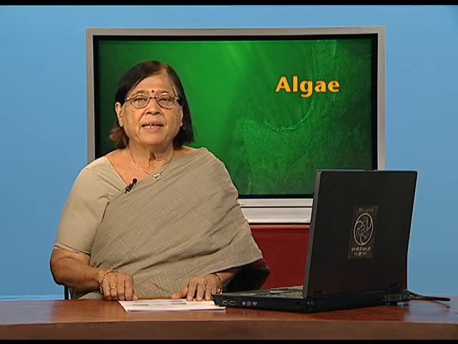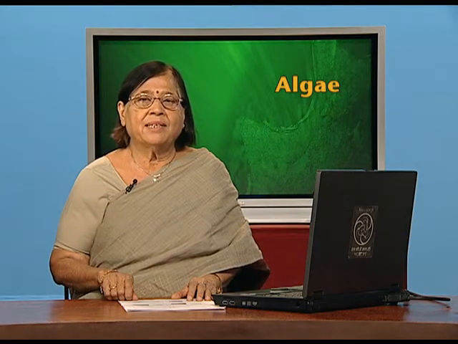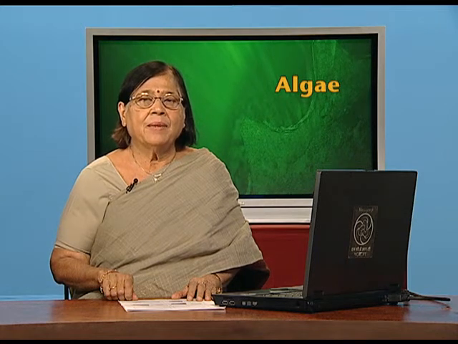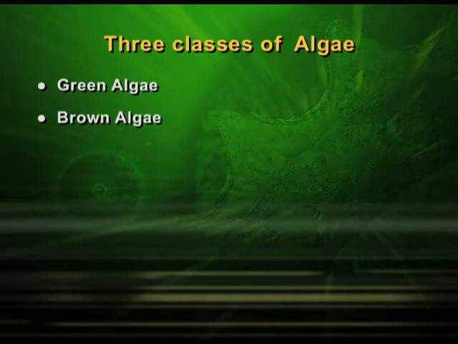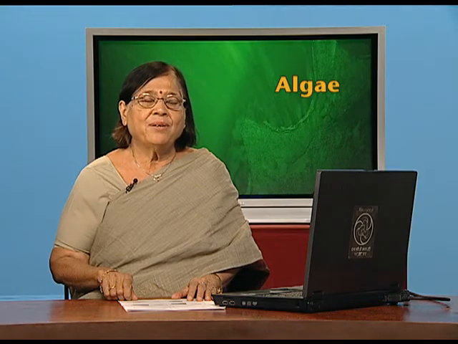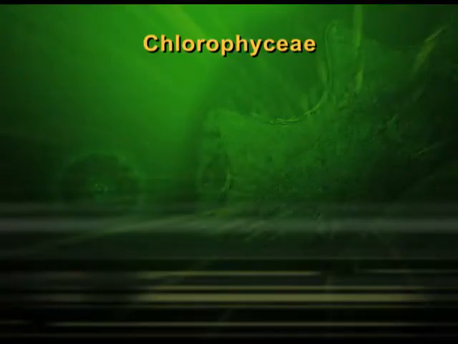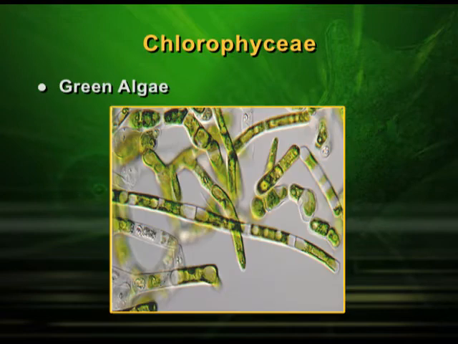We proceed further. If we classify the algae, there are three classes in algae and they are named green algae, brown algae and red algae. The first one which I would like to discuss with you is Chlorophyceae, and it is also known as green algae.